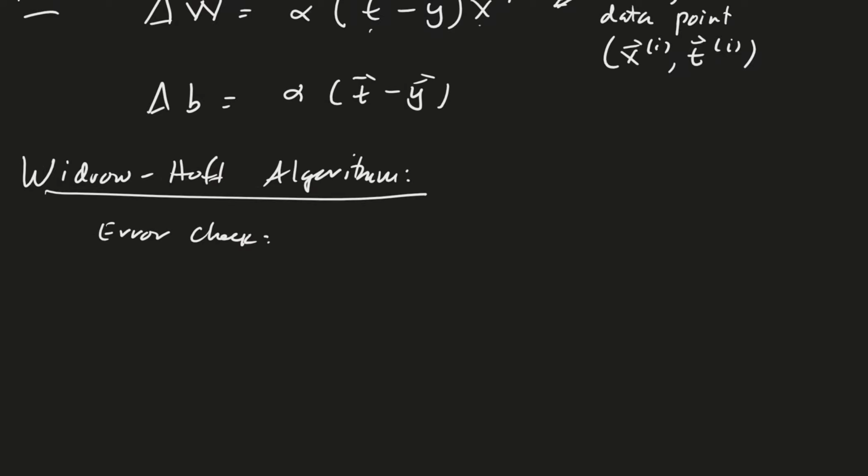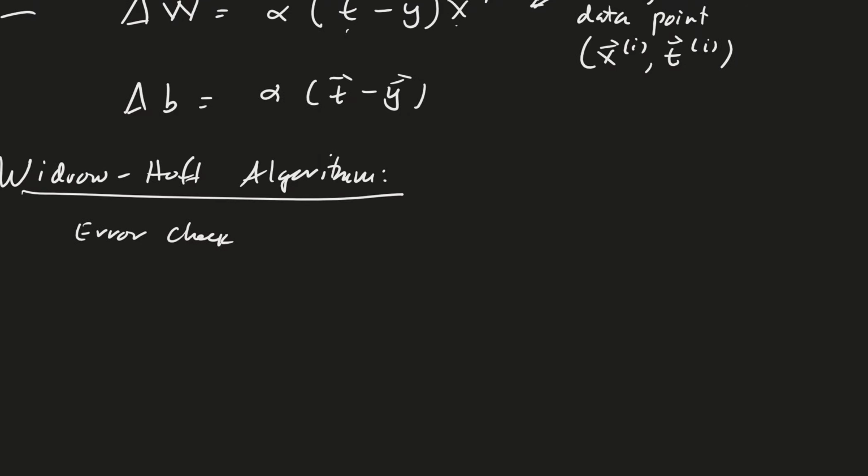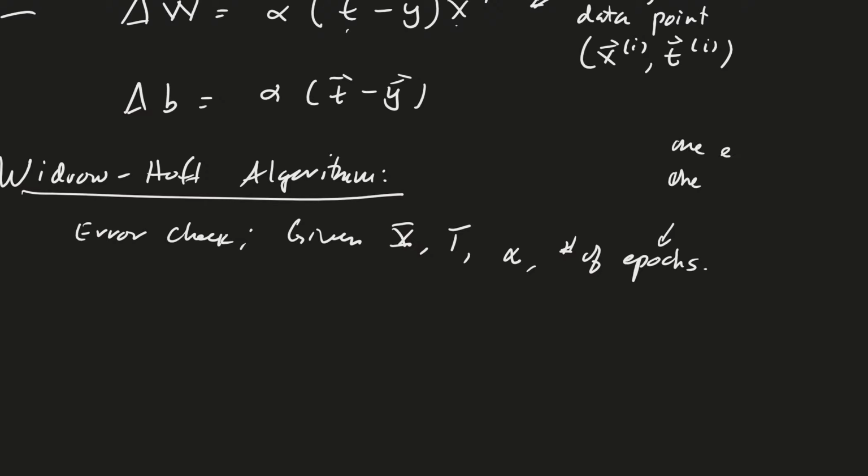So what we're given is dataset X, dataset T. We might be given the learning rate. We're going to talk about the learning rate in just a second. And then the number of epochs. An epoch is the number of passes, or one epoch represents one pass through the data. One epoch equals one pass through your data.